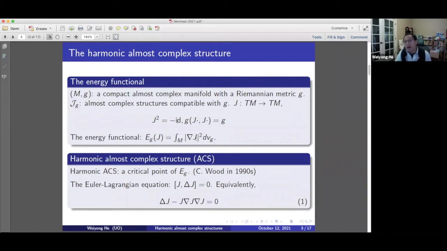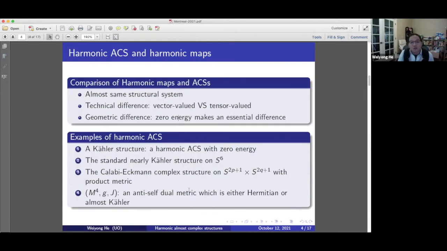That's a highly non-trivial condition because it forces the metric to be Kähler and the pair G, J to be Kähler.